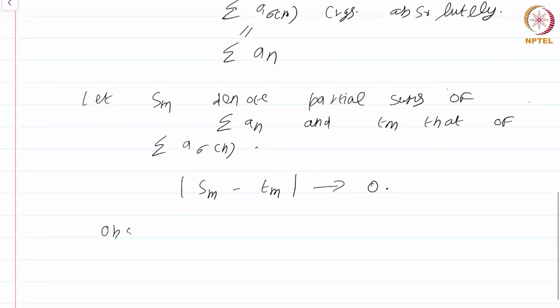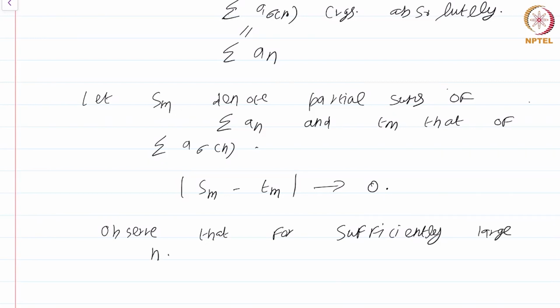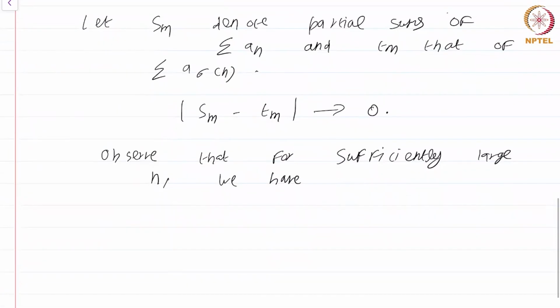Observe that for sufficiently large n, we have summation mod Aj, j running from n to infinity, is less than epsilon.